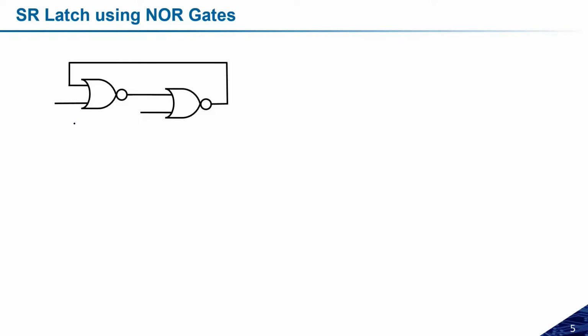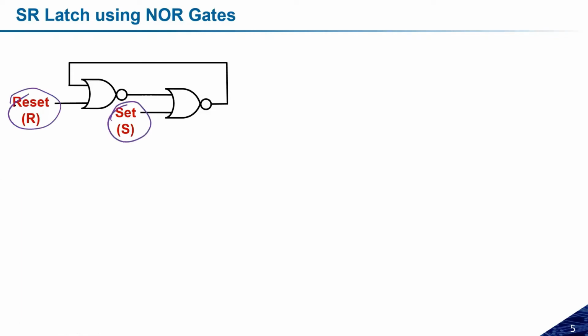This is how the SR latch looks, and this is how we can make the SR latch with the help of a NOR gate. Let us consider the first input is the reset input, and the second one is the set input. What is the meaning of all these things? I will tell you. We have two inputs, set and reset. Set and reset means simply, if I want to set the output at logic high, then the set input should be high and the reset should be low.